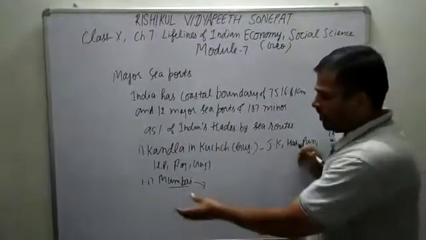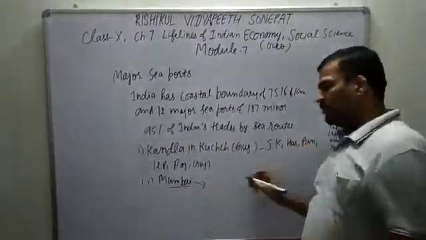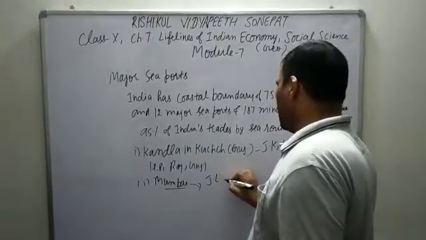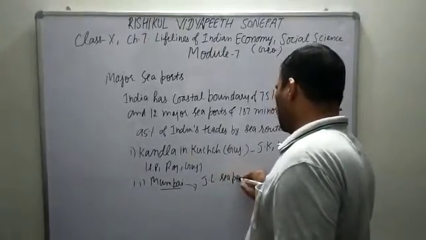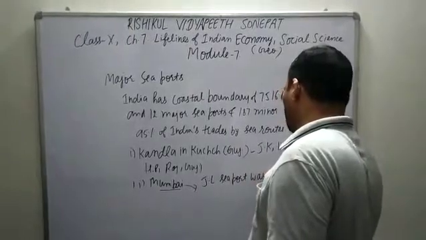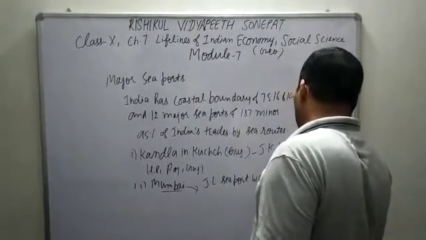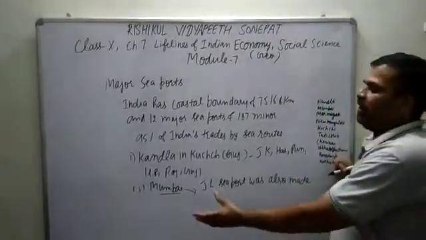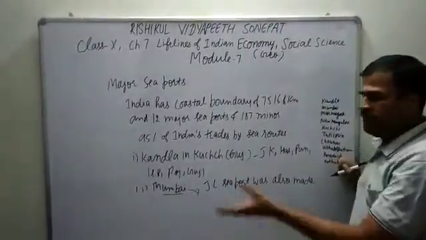This was an important one. So to reduce the pressure on it, Jawaharlal Nehru seaport was also made so that the trading can be done very easily and without any pressure.